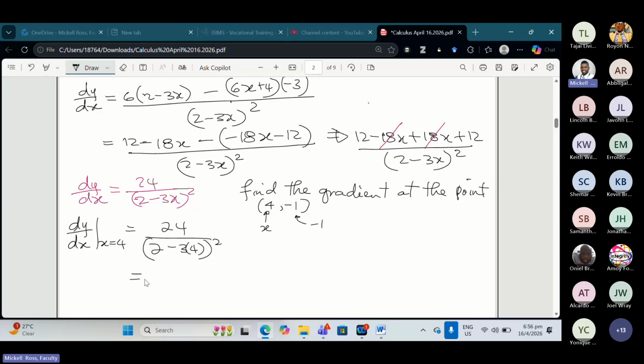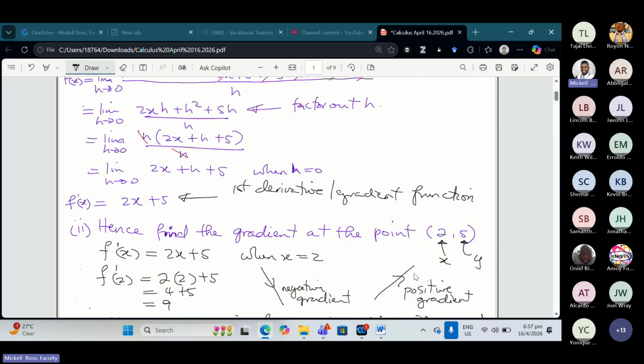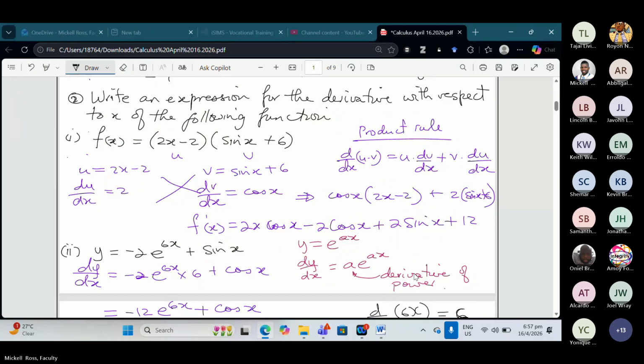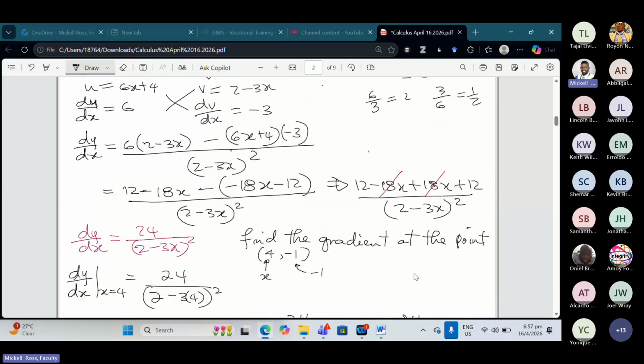So it is going to be 24 all divided by 2 minus 12 all squared. So it is going to be, I'm going to just carry it out to the side, 24 all divided by -10 all squared. So we're going to get 24.